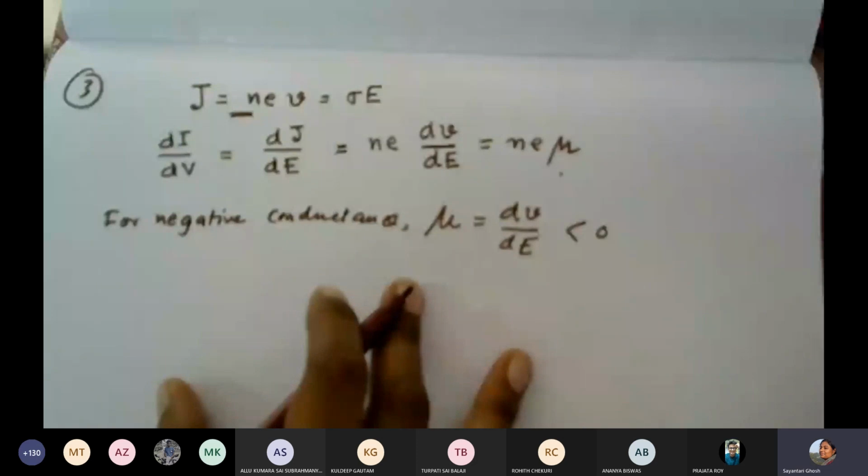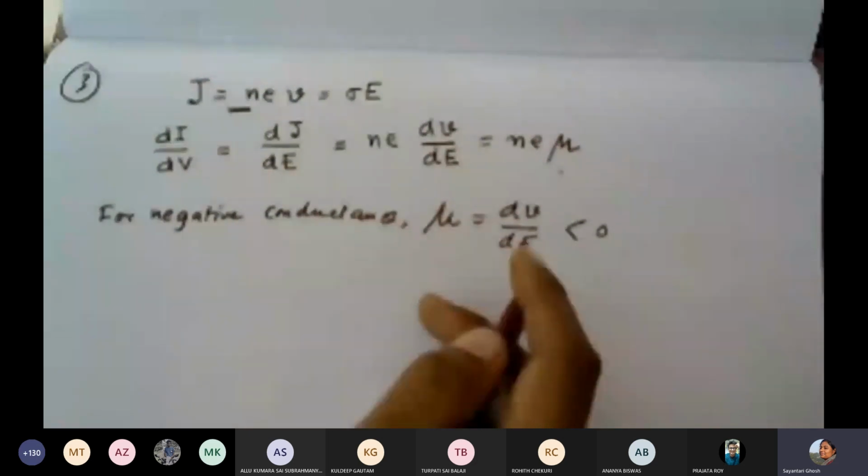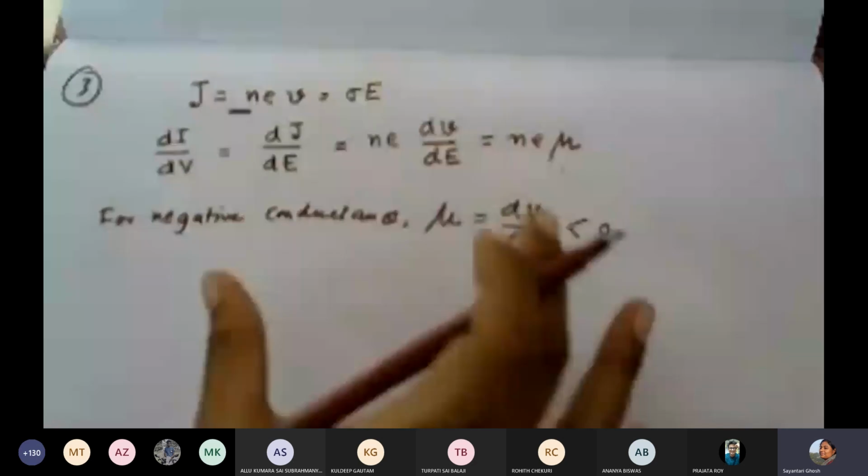So this is a new thing that we learned. Now let us talk about the question from where we started. The question was: in such a kind of material, with positive or negative resistance, we don't know for sure, I have a charge accumulation taking place.